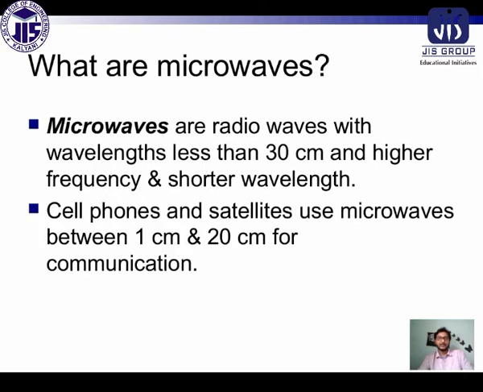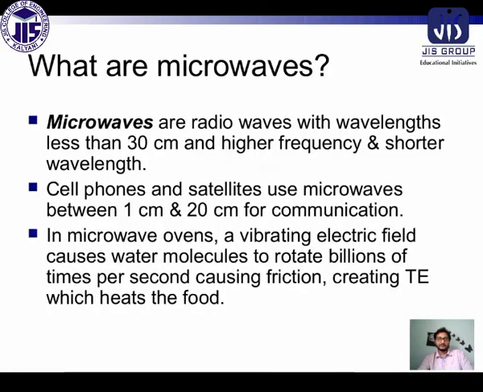Cell phones and satellites use microwaves between 1 centimeter and 20 centimeters for communication. In microwave ovens, a vibrating electric field causes water molecules to rotate billions of times per second, causing friction and creating heat, which heats the food, and we generally use this in our household applications.